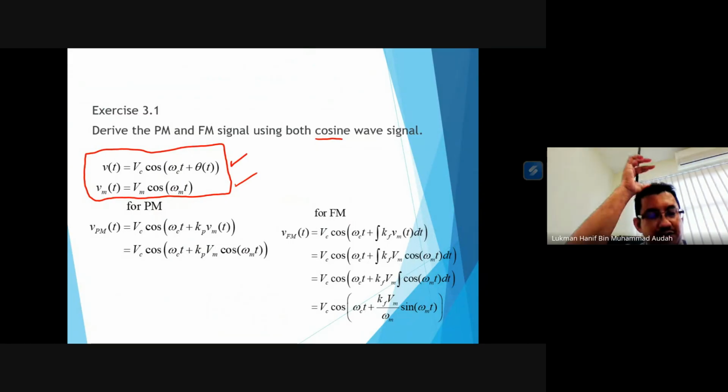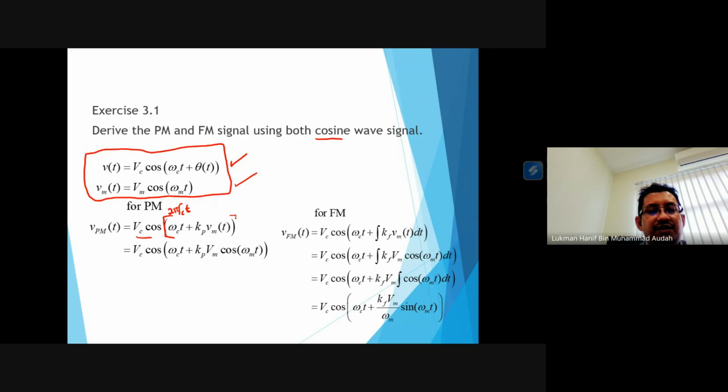To produce a PM signal is straightforward. From the general equation, we can put in the values: Vc cos(omega c t, or you can write 2 pi fc t, plus Kp Vm t).